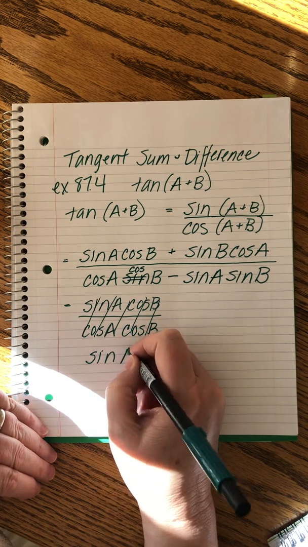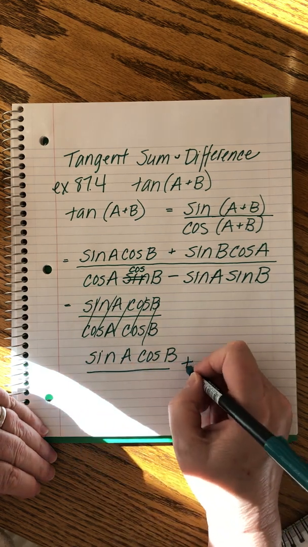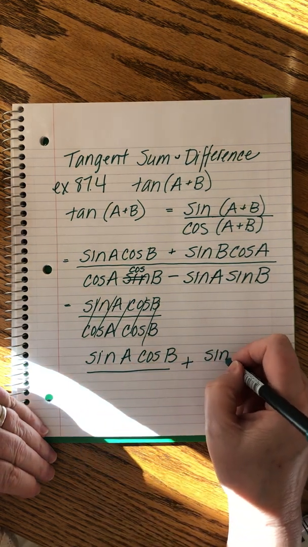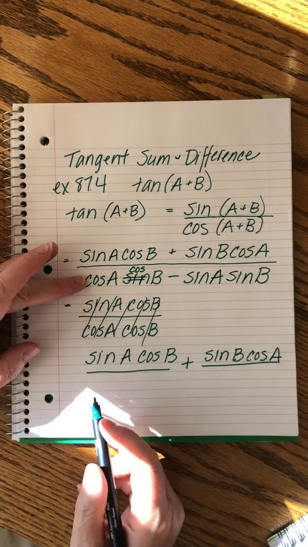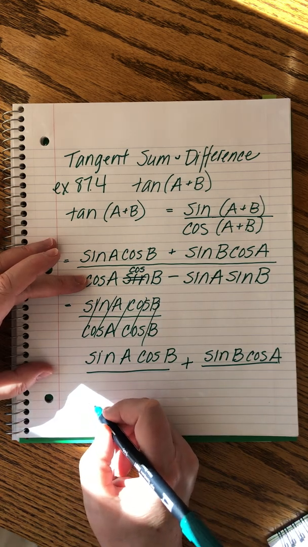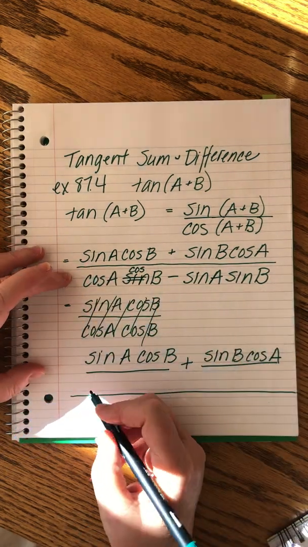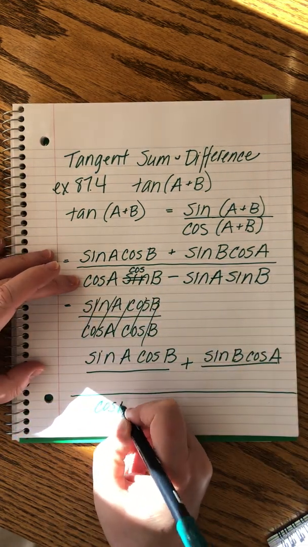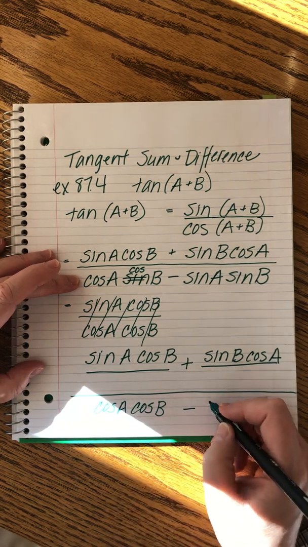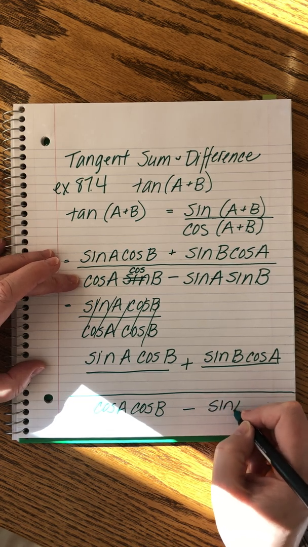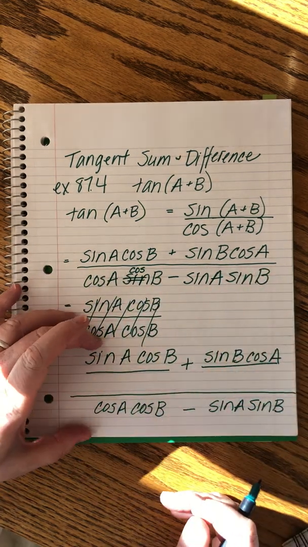Check this out. Sine A cosine B plus sine B cosine A, and then it's over this, right? Then we have the big fraction line, and then we have cosine A cosine B minus sine A sine B. So what I did was I took this fraction and I just rewrote it.